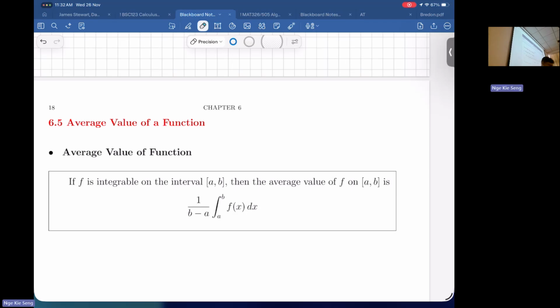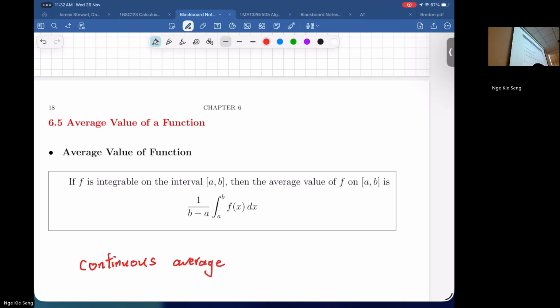So this is a continuous average as a limit of some discrete data.